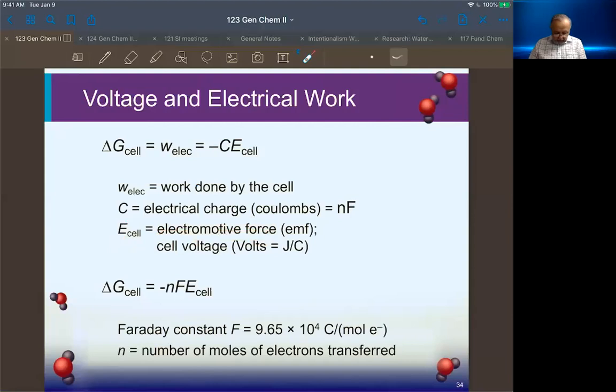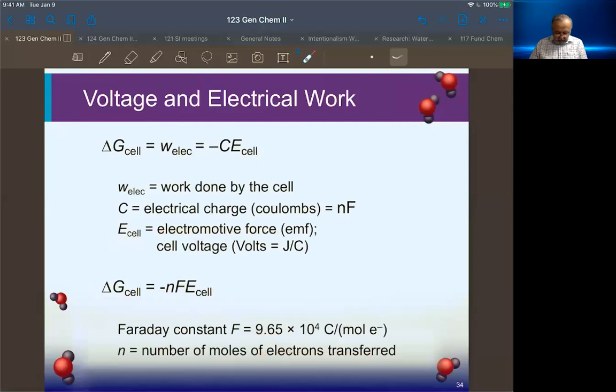And so the delta G that we can calculate for the cell can be related to the potential of the cell. It's very easy to look at the table and find this E of the cell. We're going to learn that this is a constant, and this is the number of electrons being transferred in the reaction.